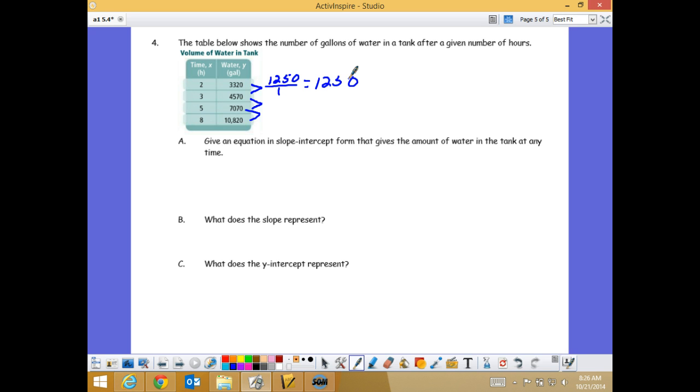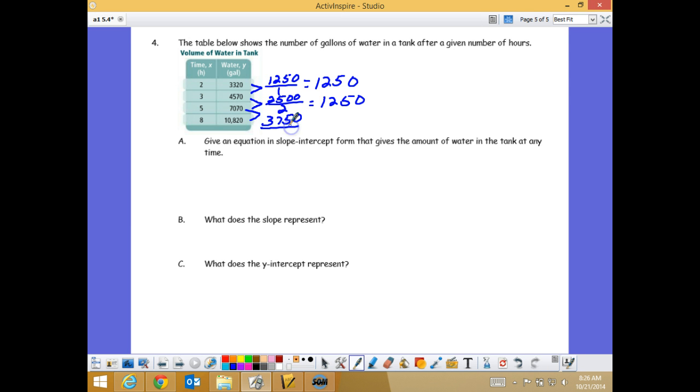The rate of change between 3 hours and 5 hours: I'm going to take the 7070 minus 4570, and I get 2500. And the change in the number of hours is 2, 5 minus 3, so that's also 1250. And finally, between 5 and 8 hours, I'm going to take the 10,820 and subtract the 7,070 to get 3,750.